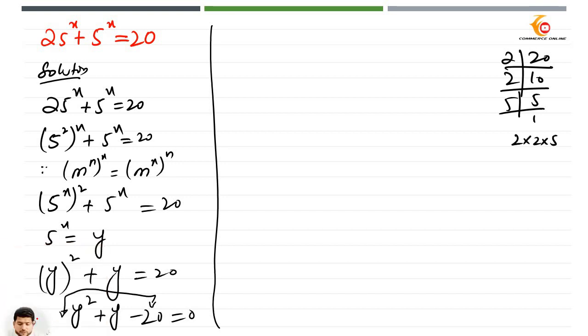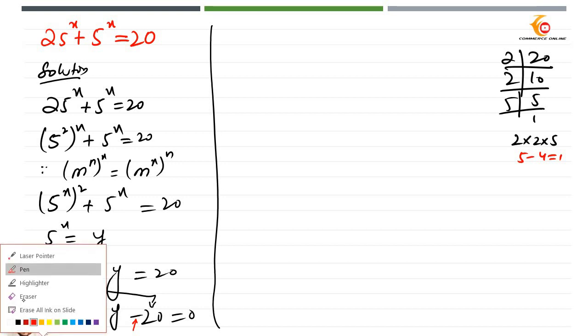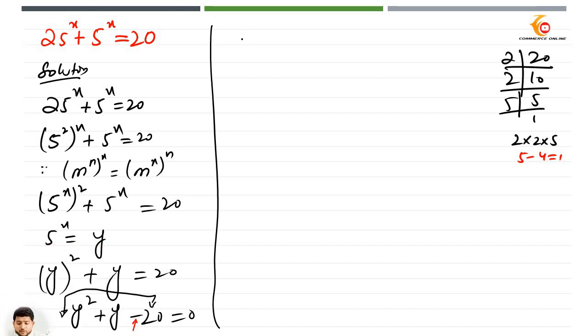When we do factorization, we need to take a difference of 1, so 5 minus 4 would be 1. This is going to be our factor of 20, and now I'm going to write y squared plus 5y minus 4y minus 20.